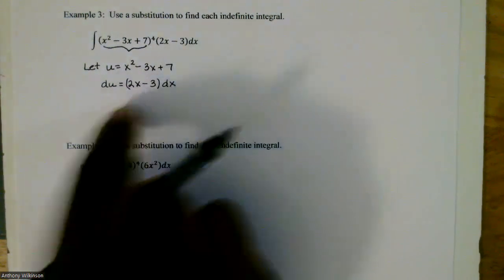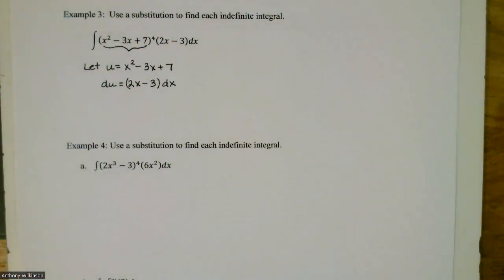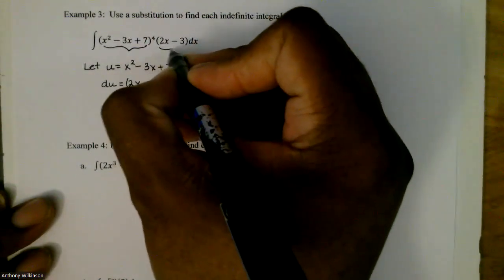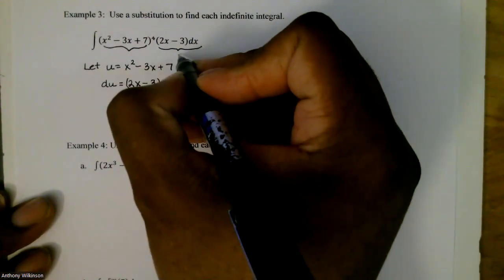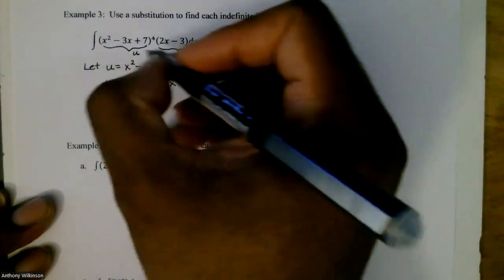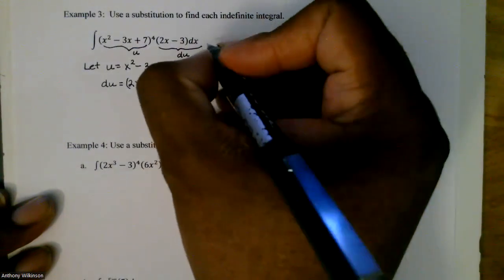So here I can go ahead and make that substitution into this problem. So this 2x minus 3 dx is the du. And here this is going to be u for the x squared minus 3x plus 7.